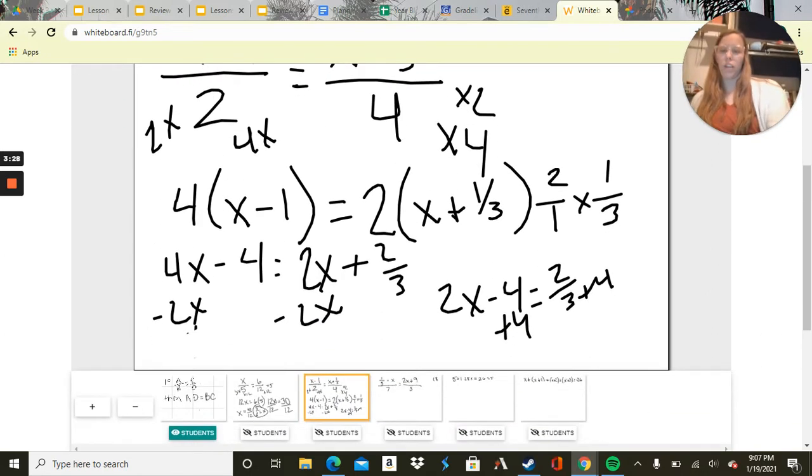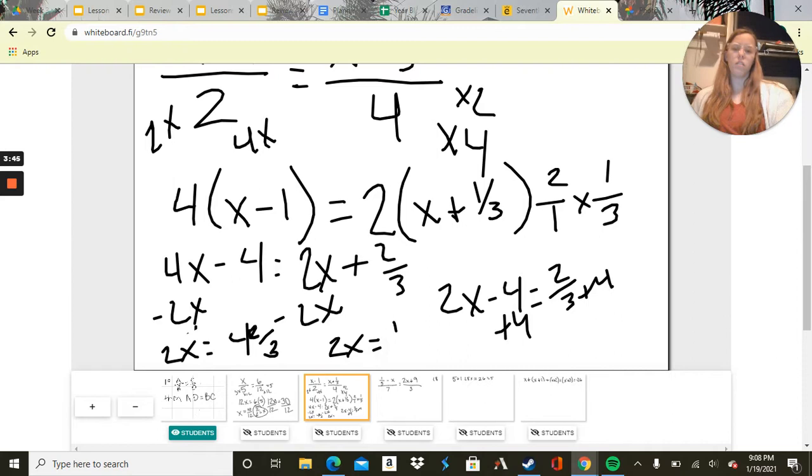So we get 2x equals 4 and 2/3. Now we're going to put this in an improper fraction right away to make it easier. So 3 times 4 is 12, plus 2 is 14. So we have 2x equals 14/3.